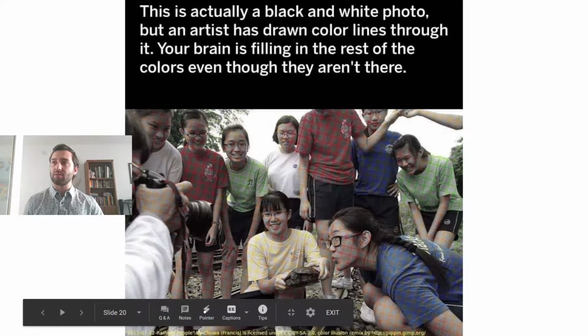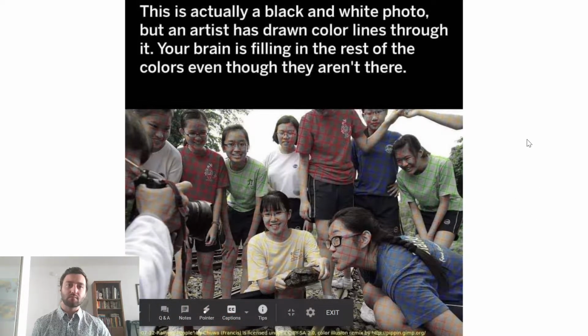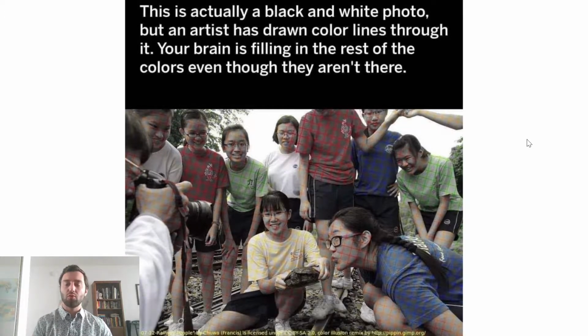And here's another image we could look at. Let me go down here to the bottom. When you look at this image, this is actually a black and white photo, okay? All that is there is lines, and you can see them coming through here, going hexagonally. All they've done is drawn color lines through this black and white image.